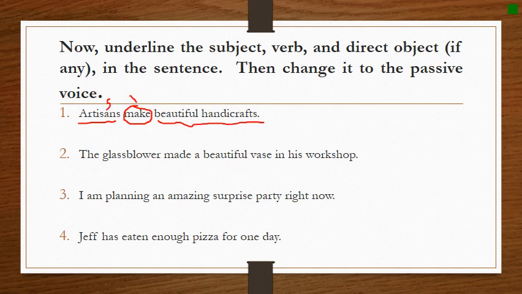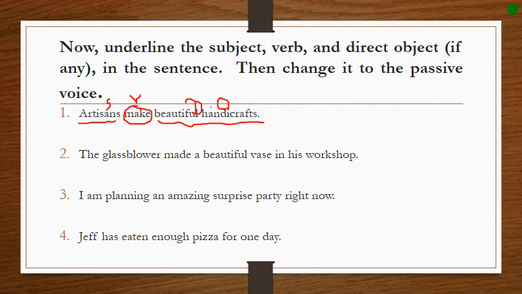Artisans do what? They make. Make what? What took the action? Beautiful handicrafts. The verb is make. It's in the present simple. Beautiful handicrafts are made, the past participle of make, by artisans.